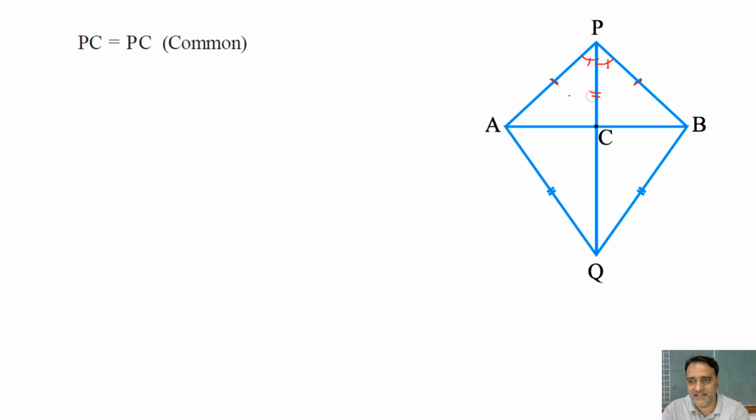So these two triangles are congruent by which criteria? SAS. Right, SAS congruence rule.